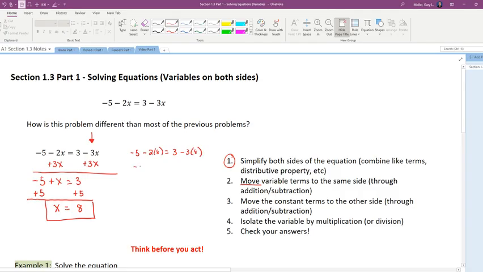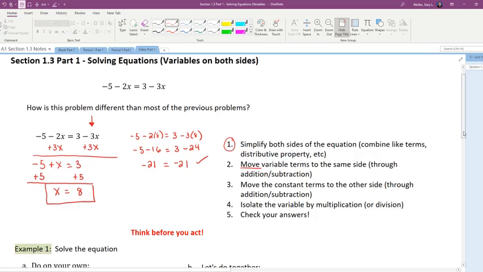On this side, I get negative 5 minus 16, which I believe is negative 21. On this side, I get 3 minus 24, which is negative 21. The left side equals the right side. Everything is great.